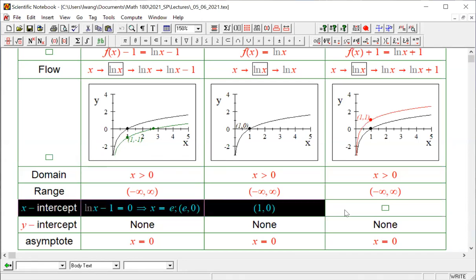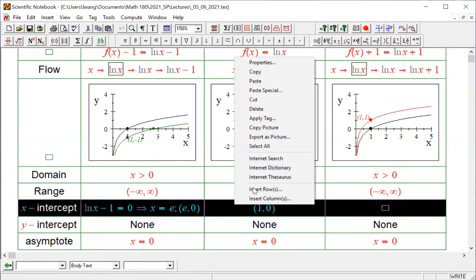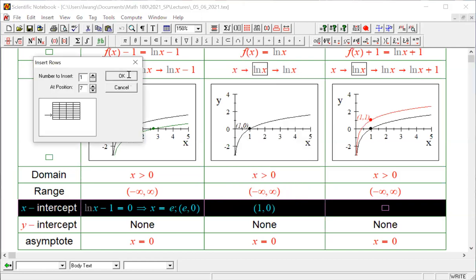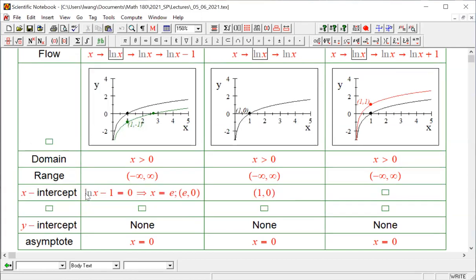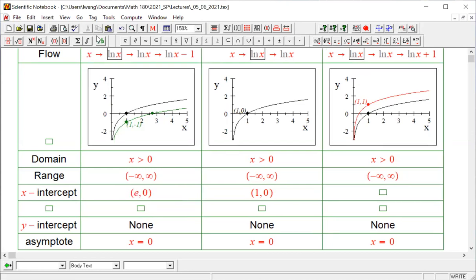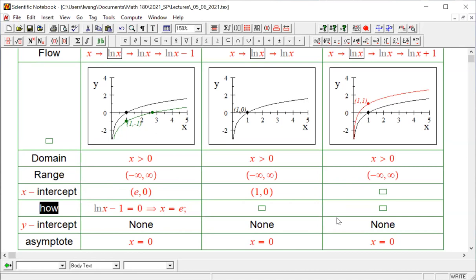Okay, so I'm going to set up another row just to explain how the X-intercept is found. This is the setup.